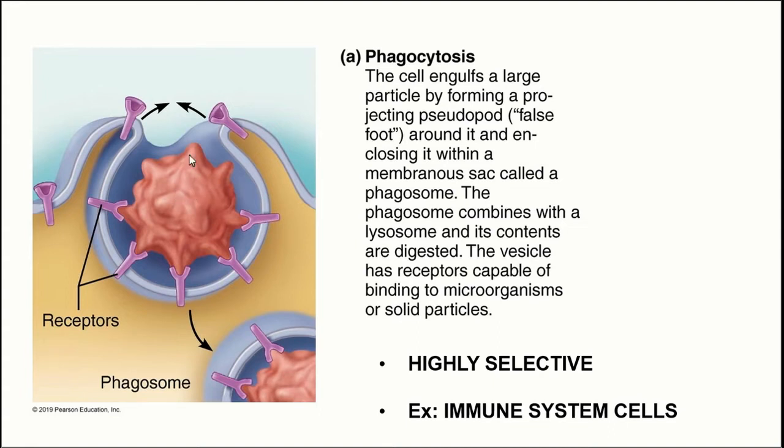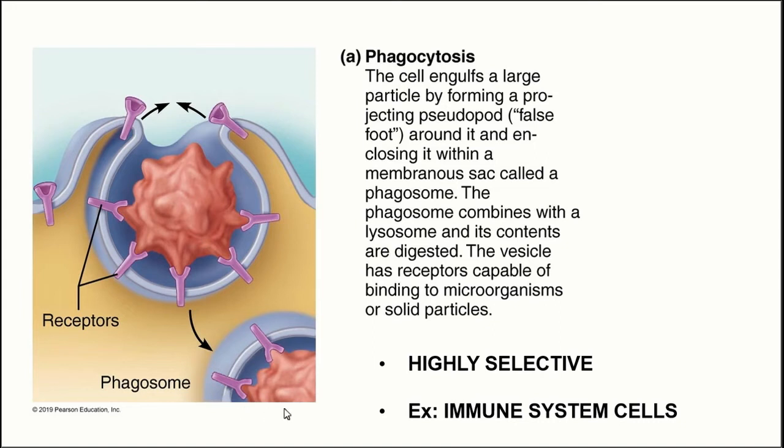So we have a relatively large piece of material binding to receptors on the outside of our cell, and in response to this, the cell is going to extend its plasma membrane around the material. So it essentially surrounds the material with a little extension of plasma membrane and encloses it in a vesicle and brings that material into the cell here.